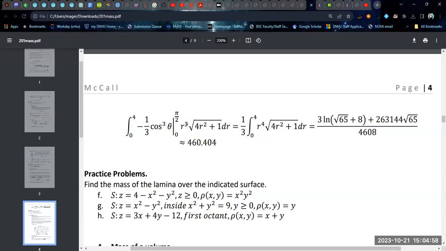And I believe, based on experience, this r to the fourth is going to be a problem for just trying to do integration by parts several times, because you're going to end up at the end with just the square root by itself, and you're still going to end up having to do trig substitution anyway. So you might as well just get it over with.